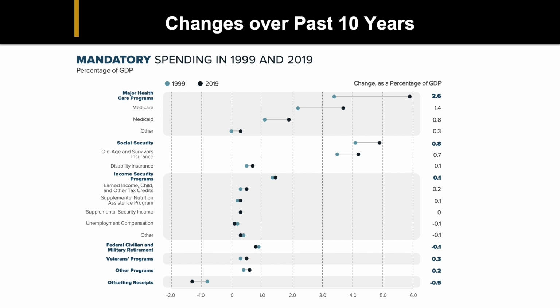And here's just a little simple graphic that shows you how these categories of mandatory spending have changed over the past 10 years. So, for example, you'll see that income security programs haven't changed very much. Their spending as a share of GDP has been pretty much constant.